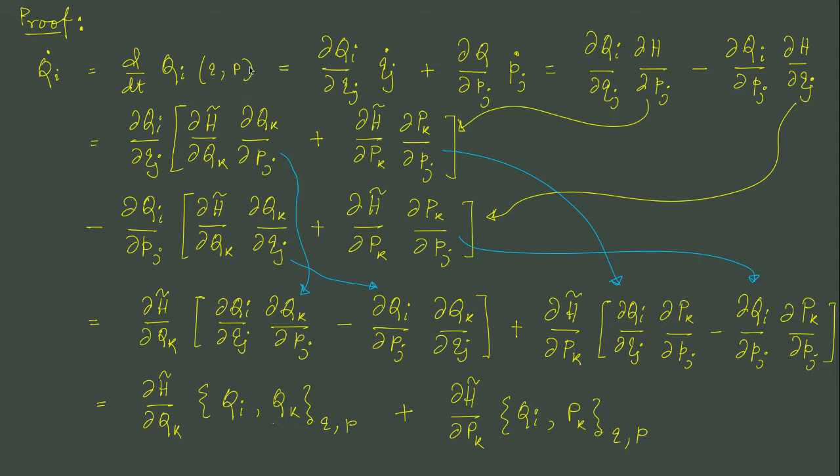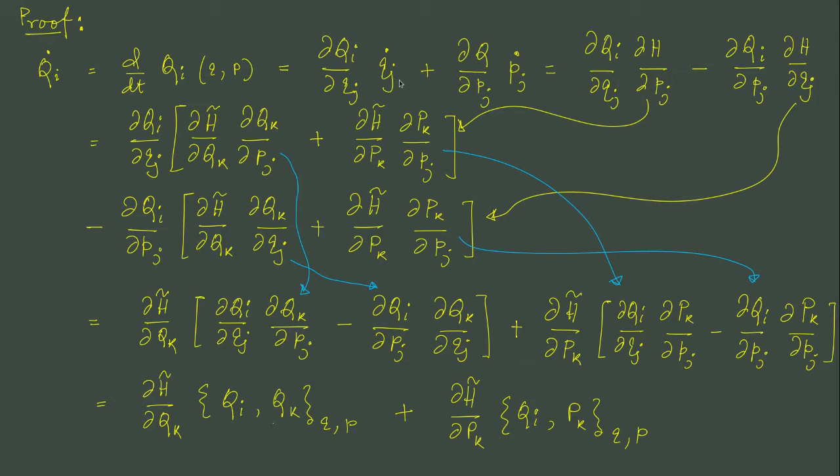And remember, in our transformation we have not included time. So, we are assuming that such transformation does not explicitly involve time. So, as such, the total derivative of Q does not have any explicit derivative with respect to time. So, it is only with respect to Qj and Pj.